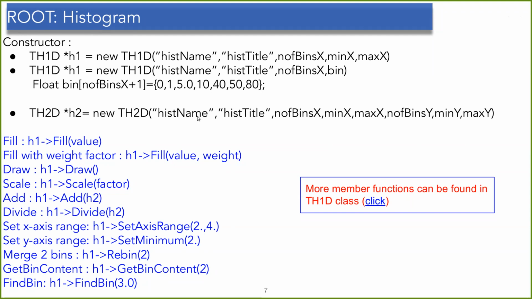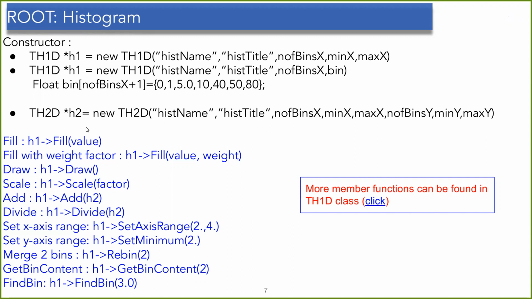For example, one can define the two-dimensional histogram like this, similar to TH1D, where you have an additional three arguments that correspond to the bin number and the range of your axis on the y-axis, and this is the same as TH1D, and this corresponds to the bin number and the range on the x-axis.